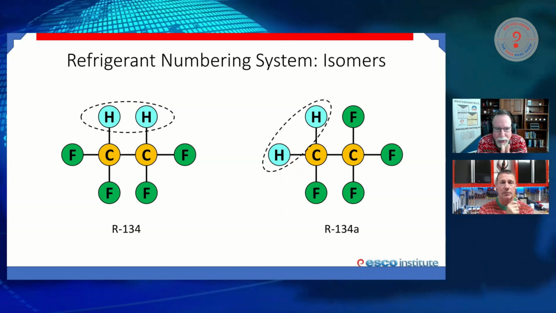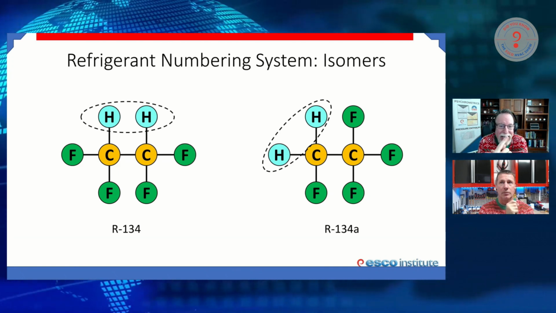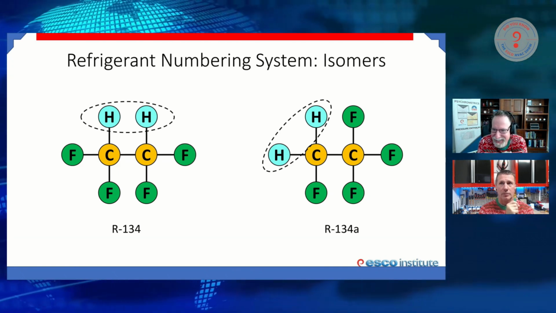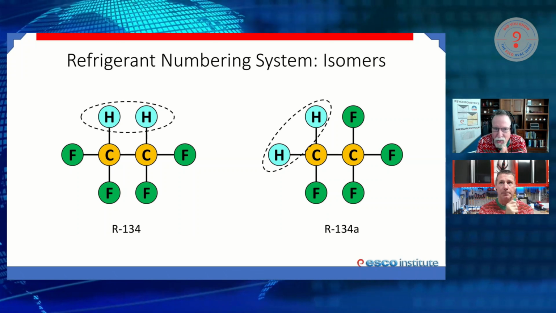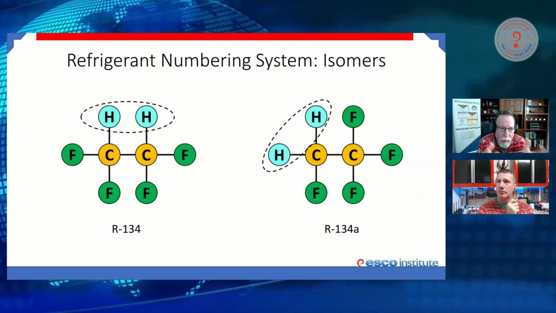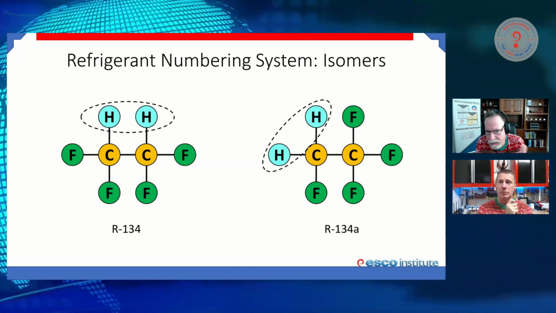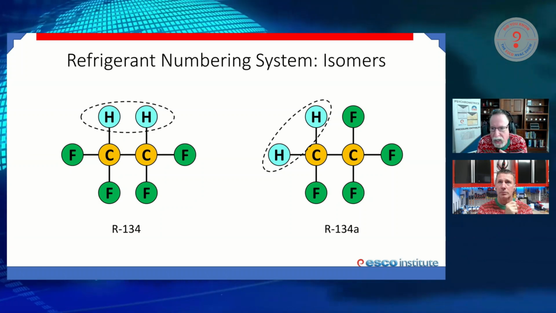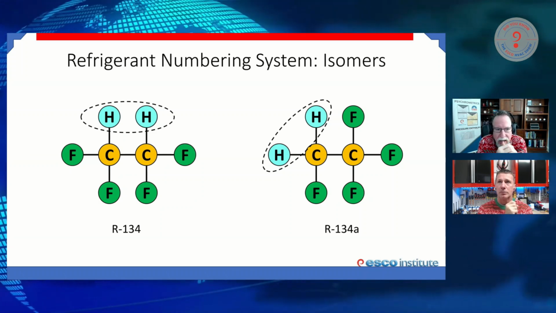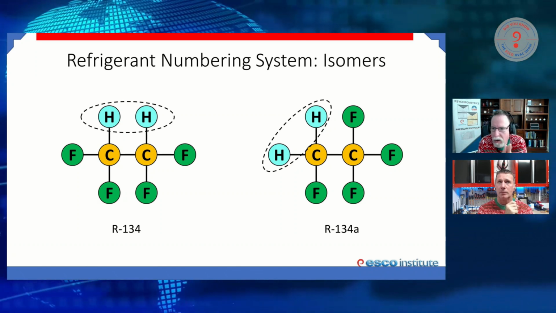That's 134. R134a is the next symmetric combination, where we have two hydrogen atoms connected to one carbon. If there were more combinations, then there would be 134b, which there's not. Those are the only two combinations of those elements. So that's how we know that those two hydrogen atoms are bonded to one carbon.